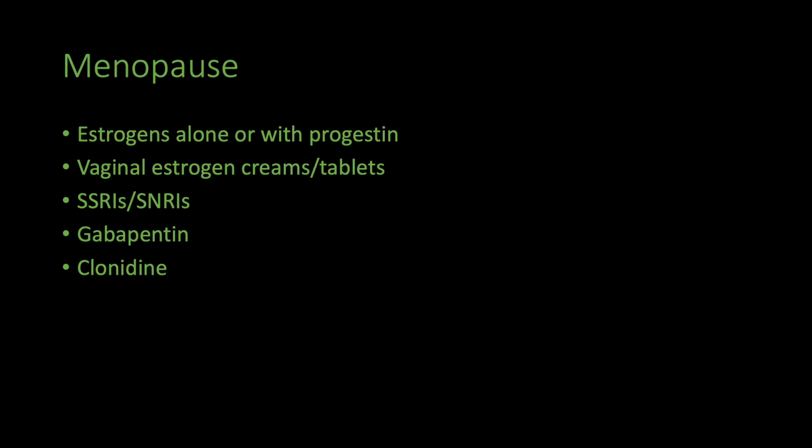Menopause or hot flashes, those kinds of things may occur, mainly due to, and you can see on the slide here, the SSRIs, where serotonin and norepinephrine get imbalanced in the central nervous system.